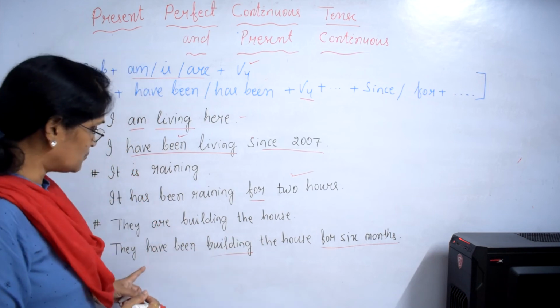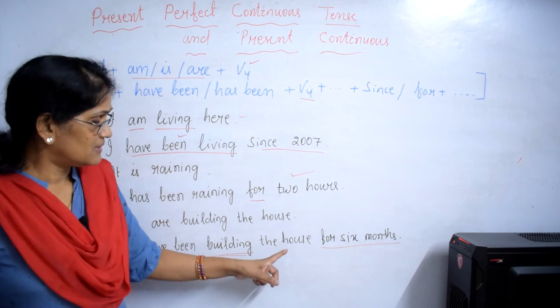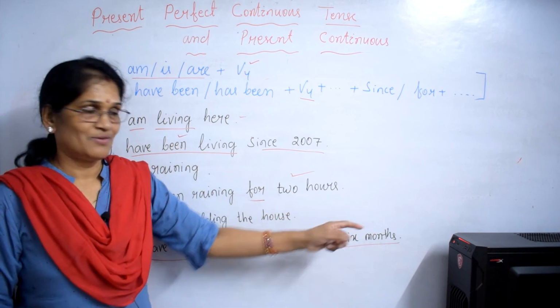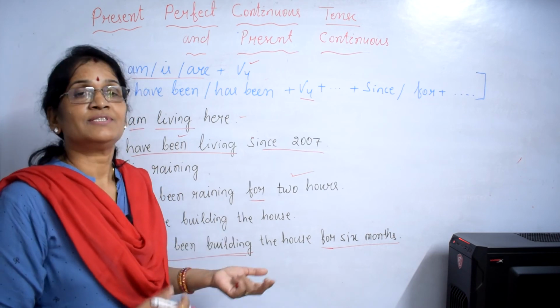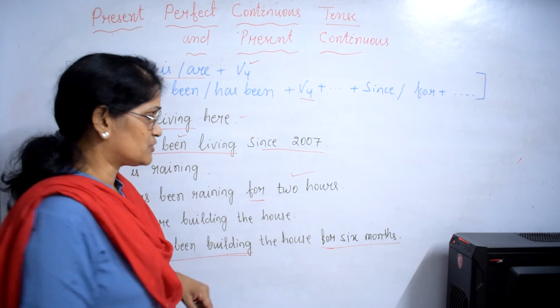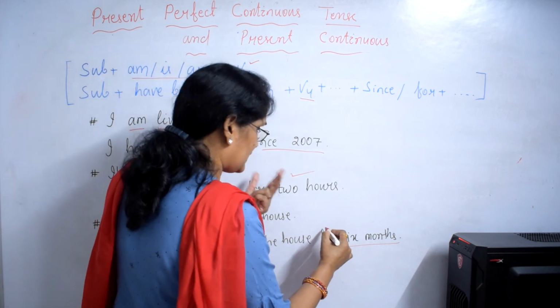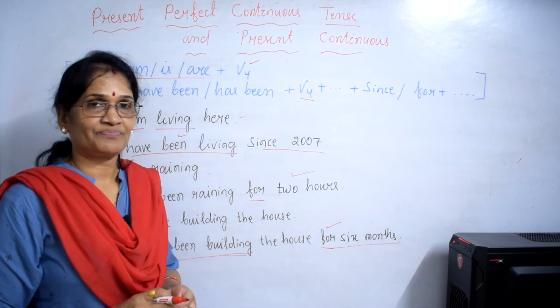There you use have been building. Have been building the house for 6 months. Or you can say since January, since February. In such a way you can use it with for or with since.